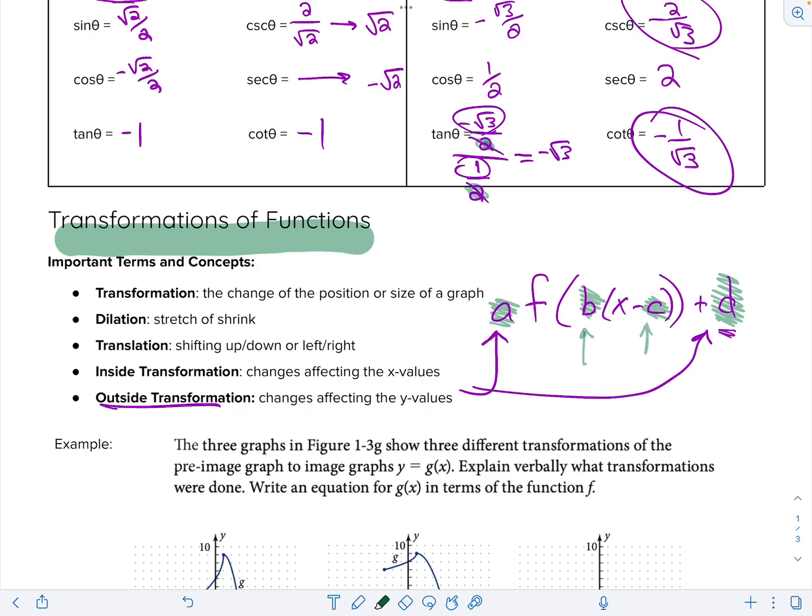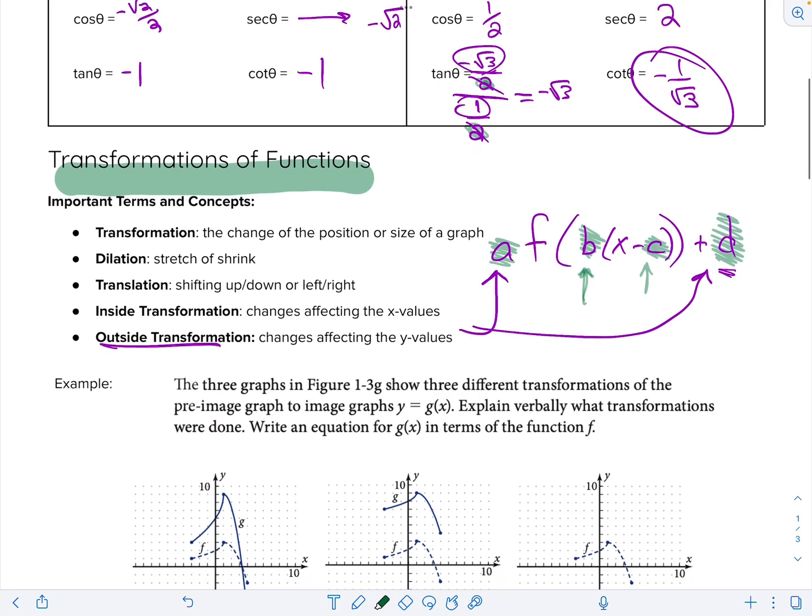The C is either a left or a right shift, and the B represents either a horizontal compression or stretch. There is another link for a deeper dive into that, just to review. But this is where we'll assume that you're okay with those pieces.